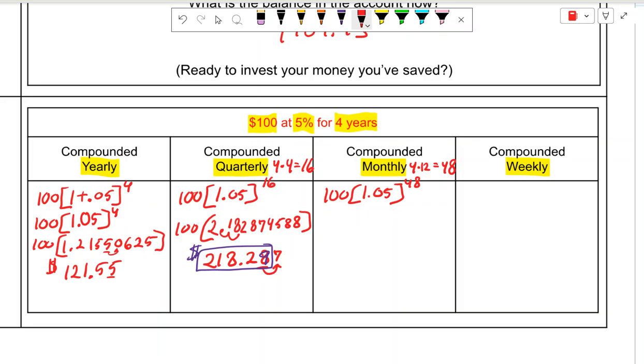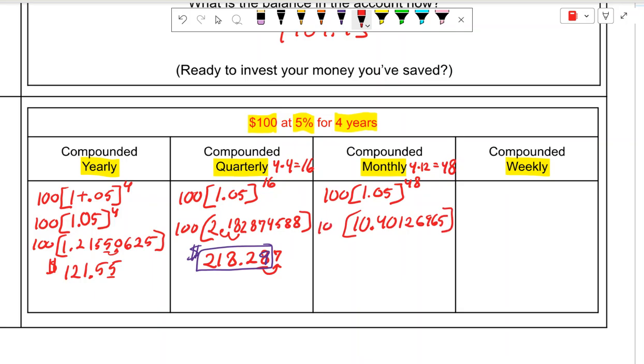1.05 exponent, the caret, to the 48th degree. And look at that. On my screen, I have 10.40126.965.